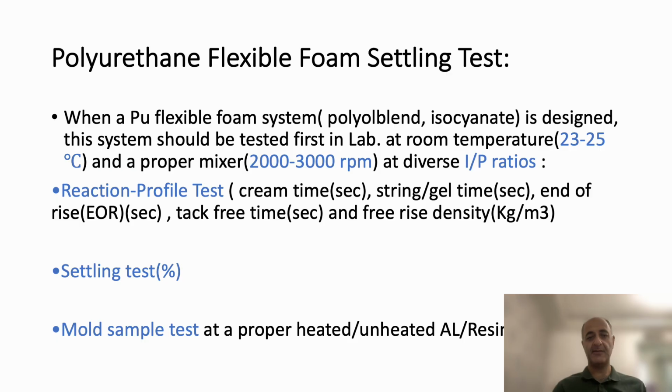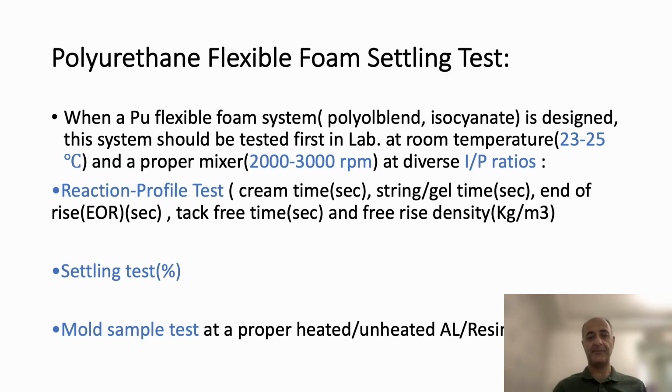The tests that should be done on this system are reaction profile tests, including cream time, string or gel time, end of rise, tack free time, and free rise density.